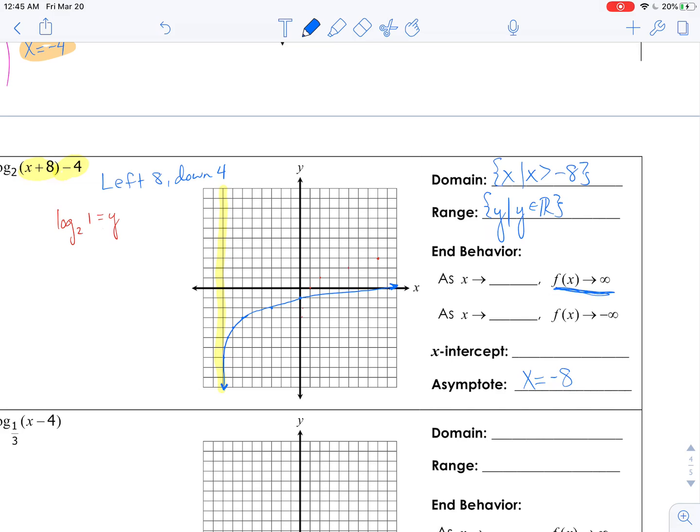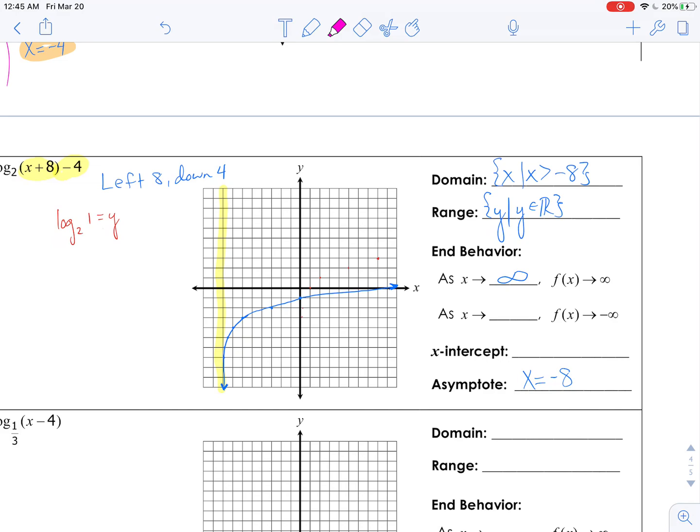So now let's look at when my graph is going up the y-axis. As I go left, my y values are decreasing. As I go right, the y values are increasing. So as I go right toward infinity, my y values are increasing.